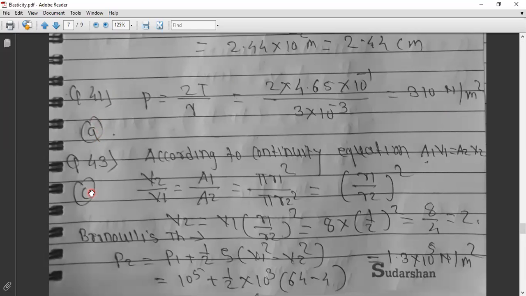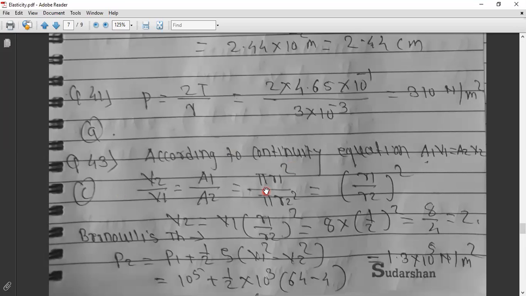Next one, question number 43. Two horizontal pipes of radius 1 centimeter and 2 centimeter are connected with one another. Water is flowing through them. If the velocity of the water in the first pipe is 8 meter per second and the pressure is atmospheric pressure, then the pressure and the velocity of the water in the second pipe are to be found.